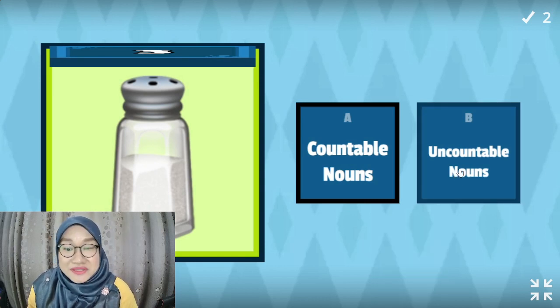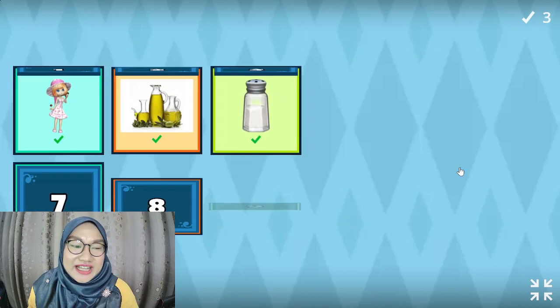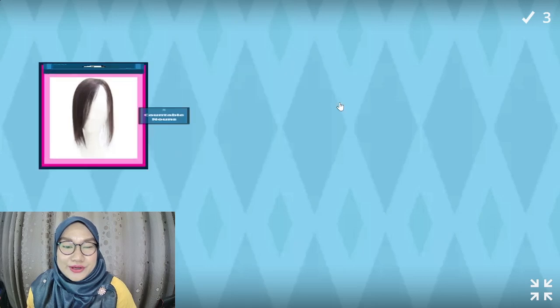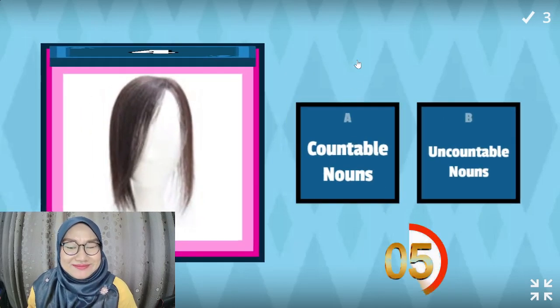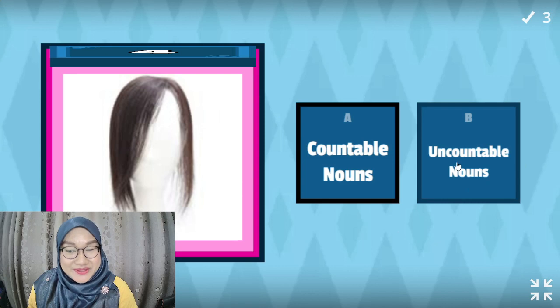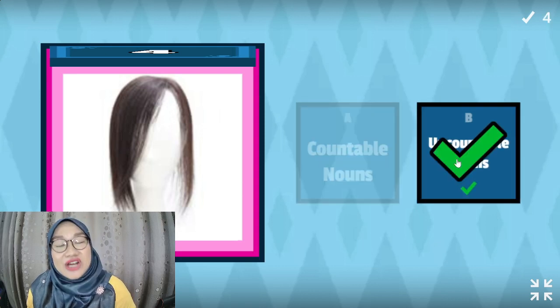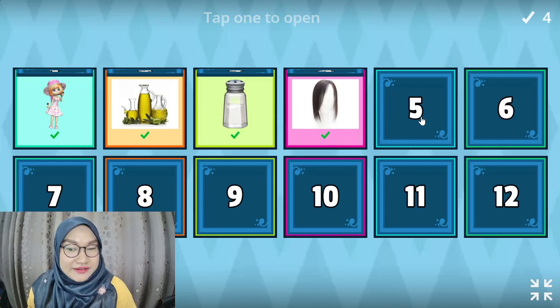Yes, it's impossible to count salt, so it's uncountable noun. Next one, number 4. Hair. Can you count your hair? Yep, so hair is uncountable noun. Very good.